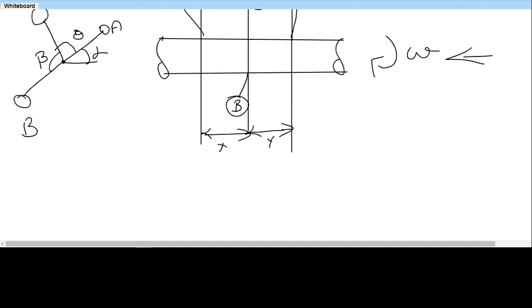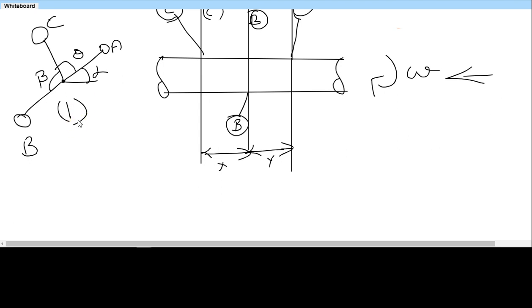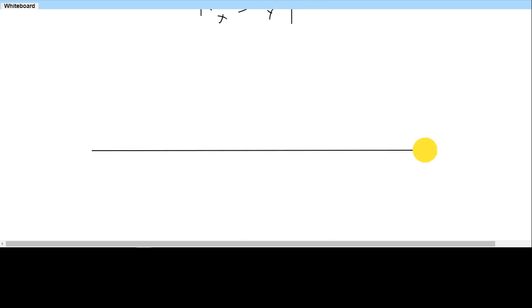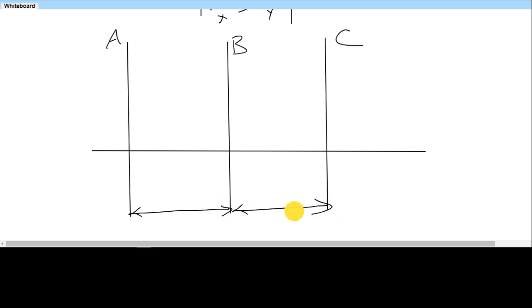So in the solution procedure for numericals, you require this angular position figure, that is figure 1, and in addition to that you also require the positions of the planes, like plane of action of A, B, C, and you need the distance at least between these planes, or the distance from a single plane to the other planes.